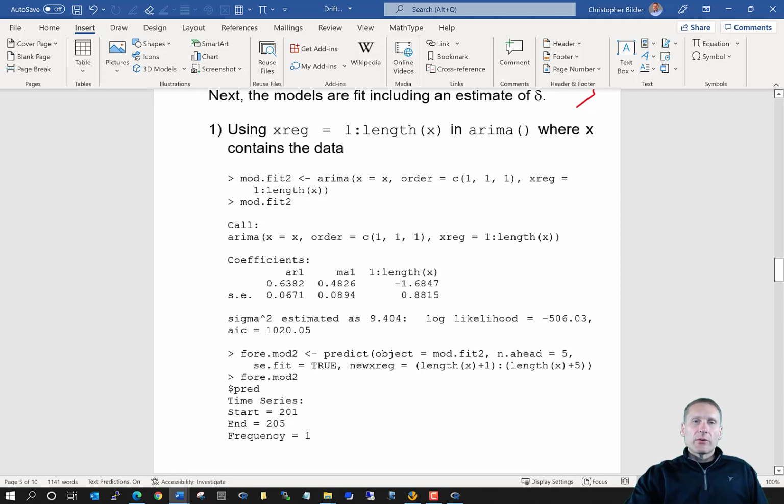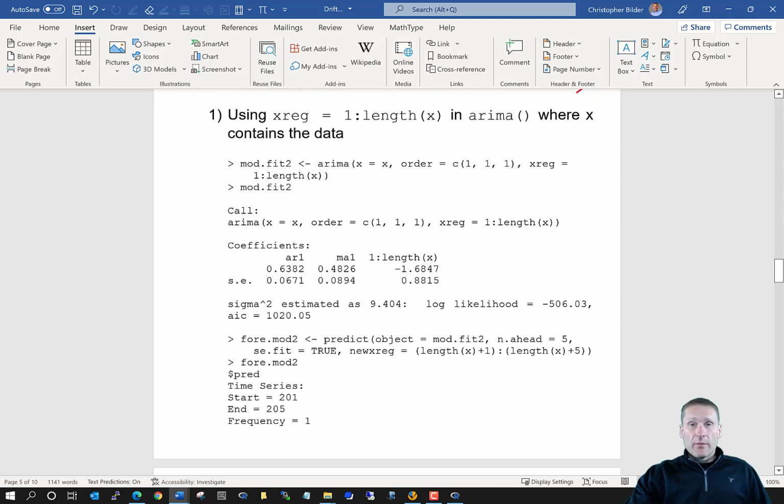Okay, so to implement the first method to estimate the drift term, I'm going to use the ARIMA function with the xreg argument 1 colon to the length of x, 1 to n. And here's what I get. I'm going to put the results into mod.fit2, for lack of a better name. Use the ARIMA function, and here is that xreg argument. So we get different values of phi hat 1 and theta hat 1.